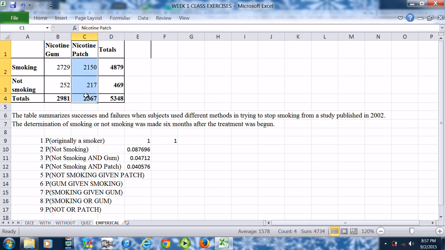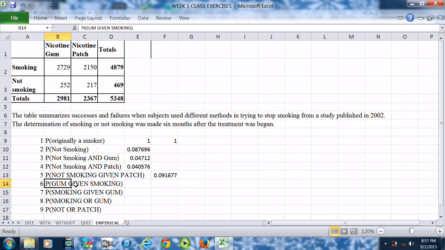So of those who try to quit with the patch, there are 2,367. Of these 2,367, the number who are still not smoking is 217. So the probability of not smoking given the patch is 217 divided by the 2,367. And that gives us 0.09167.